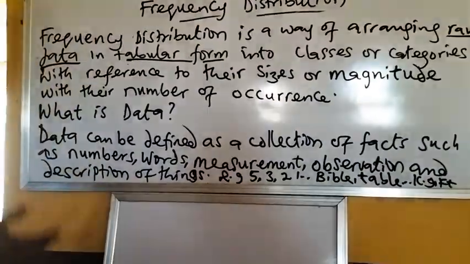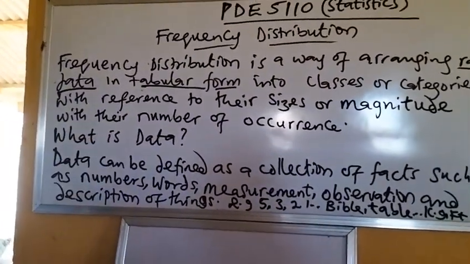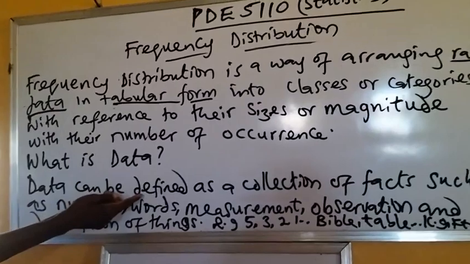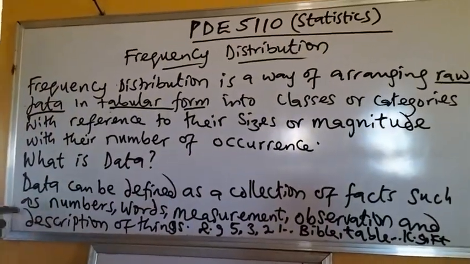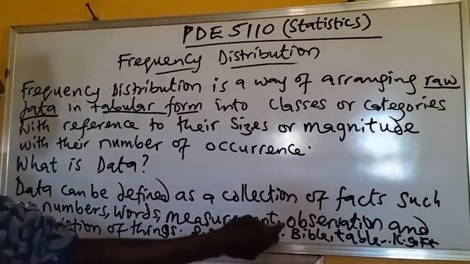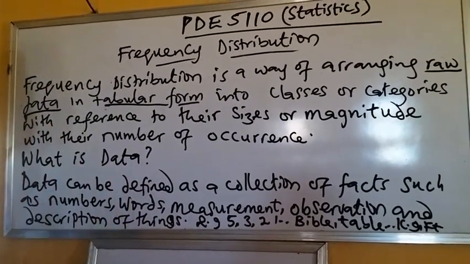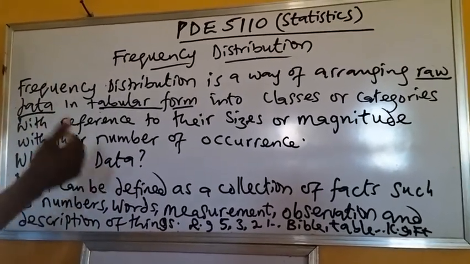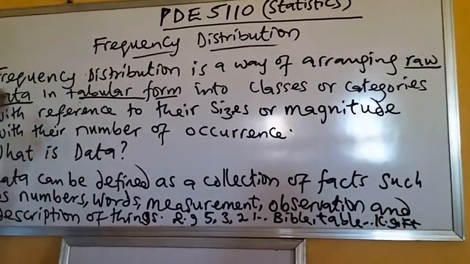Now, I want us to read again the definition of data. What is data? Data can be defined as a collection of facts such as numbers, words, measurement, observation, and description of things. That is the way we describe things, or what we see, we explain. That is data.